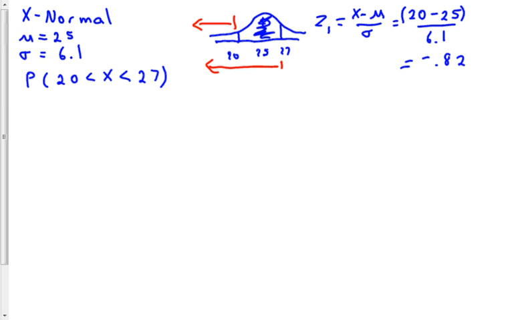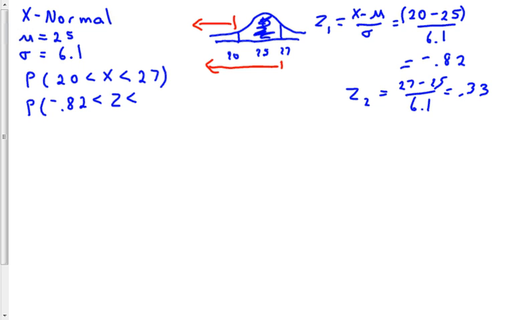That's our lower value. Negative 0.82 is less than z. Less than, and we find our second z-score, which is the 27 minus 25 over 6.1. That turns into a value of 0.33. Again, two place values only.